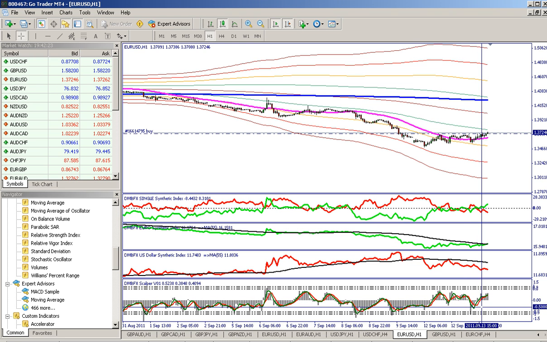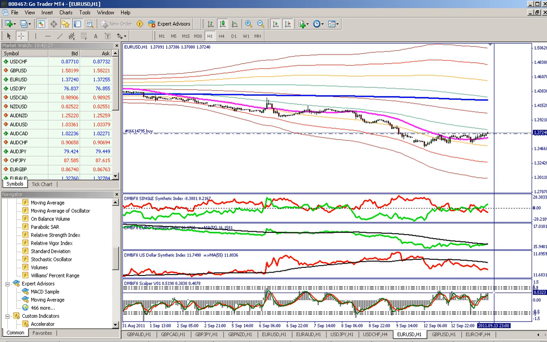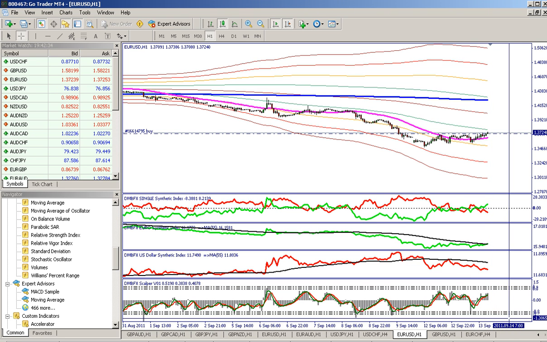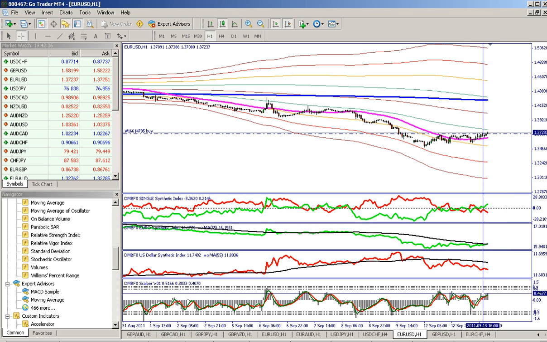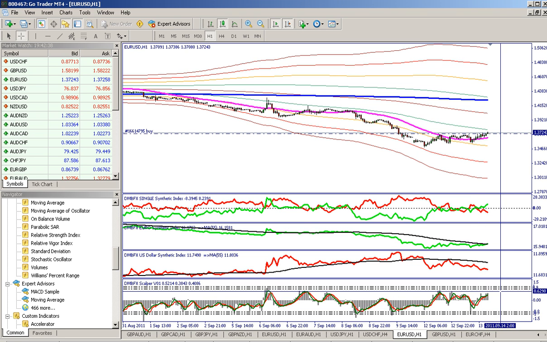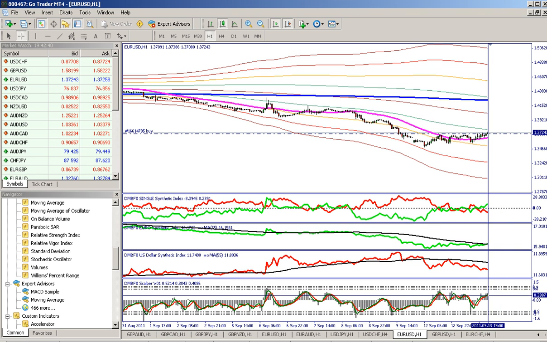And we have the overbought territory up here, the oversold territory down here, and in between we have the neutral. So the USD is currently in neutral, and the buyers, the green line, are basically in control at the moment, and it's going up.